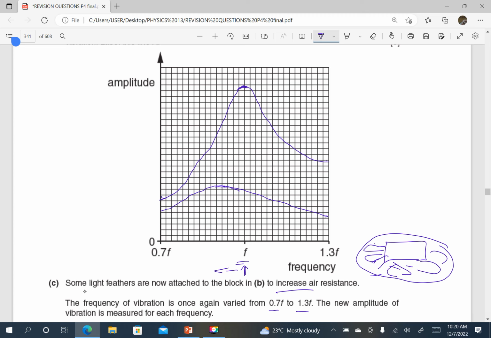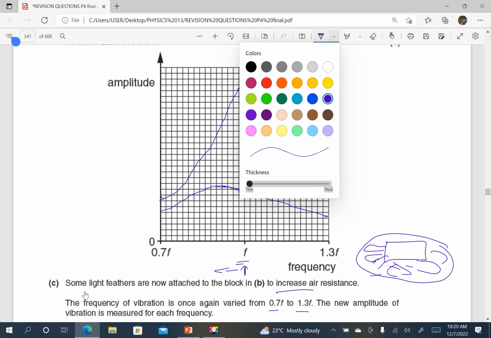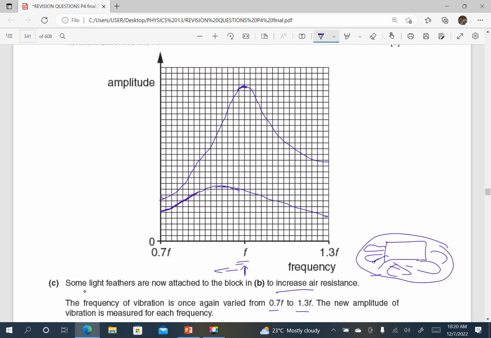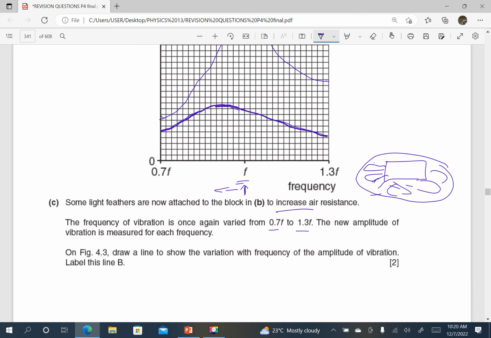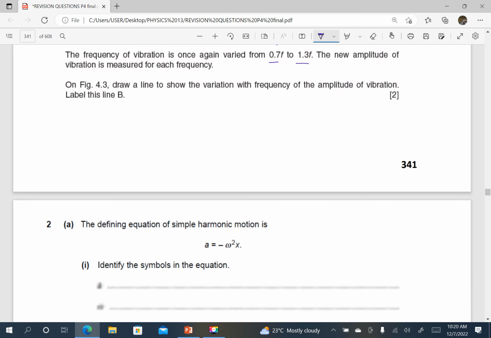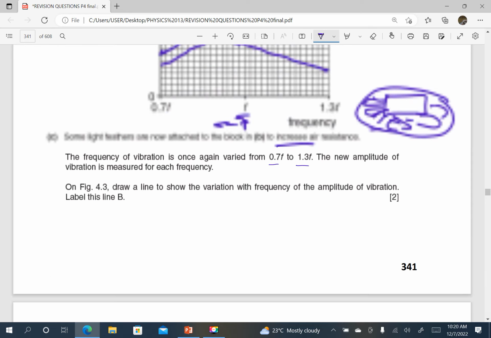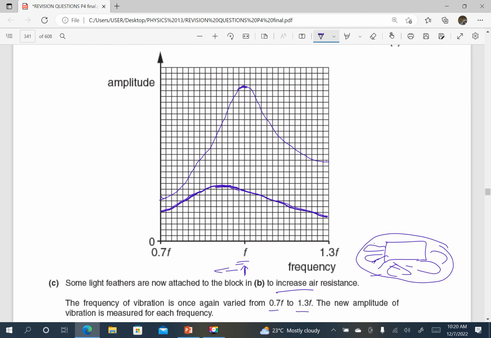So you need to capture that when you are sketching this. Something like that. The peak of the first one is a little bit higher. The second one is a little bit more flatter than the first one. Okay. So you need to learn to sketch such simple graphs.